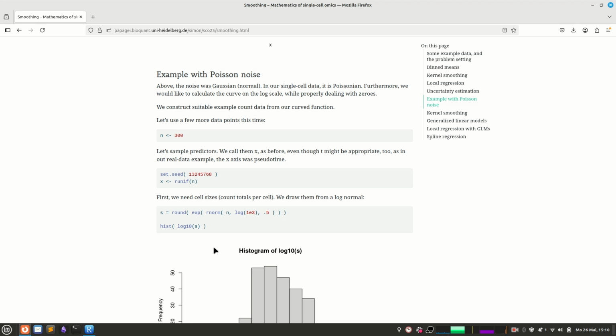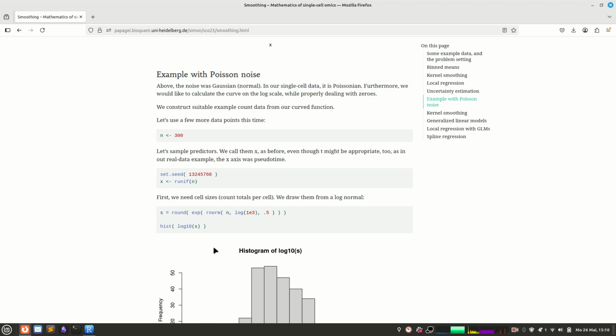And x is our pseudo-time. It tells us how far the cell is in its progression, from 0 meaning the beginning of a journey and 1 meaning the end of a journey. And so this x-axis is now meant to be this time here, going from 0 to 1.